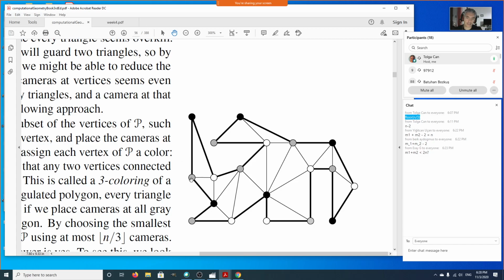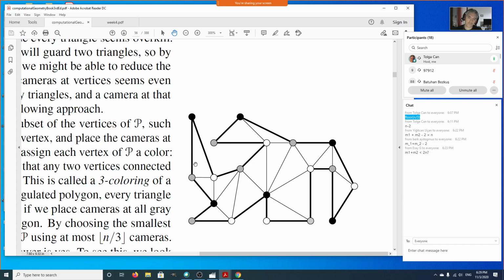Since this one is gray, this one is white, the only remaining color for this triangle vertex is black. I forgot to mention that in this 3 coloring problem, every triangle's vertices will be colored by 3 different colors. Given a triangle, we cannot have 2 of the same colors at the vertices of that triangle. Each of them must be of a different color.